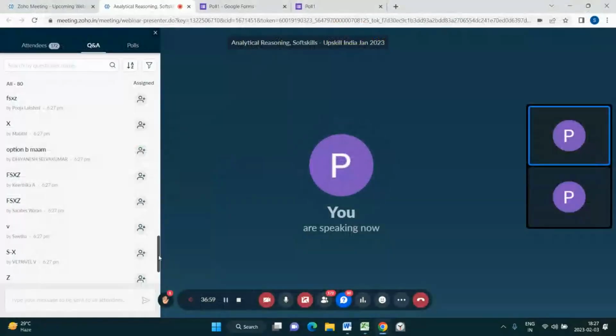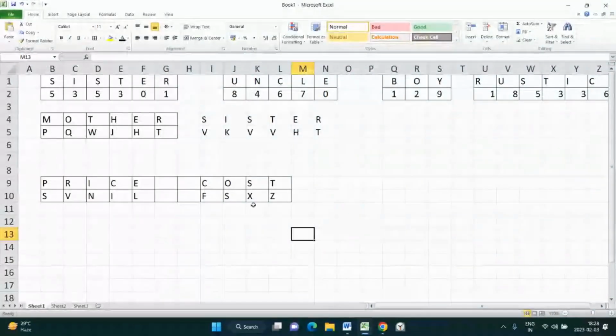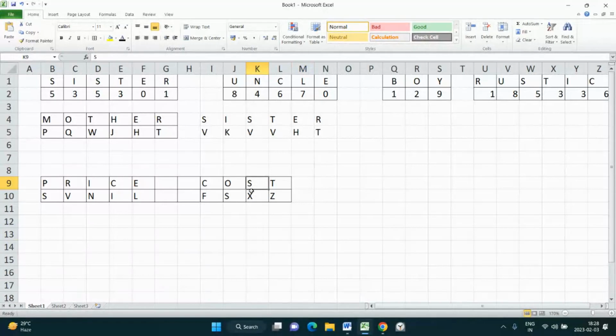Very good. S is X. How many of you got it? I will explain. This is the third character. Third is I, right? You can see I here.